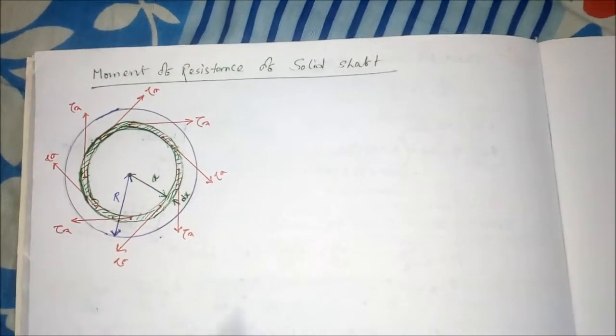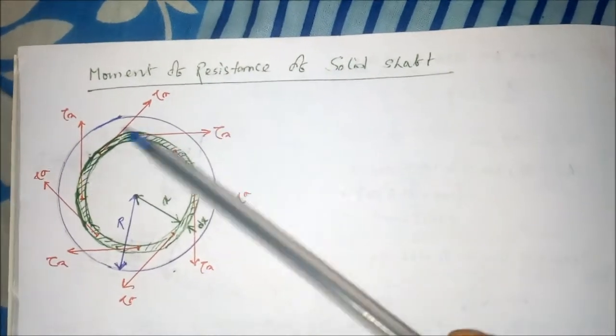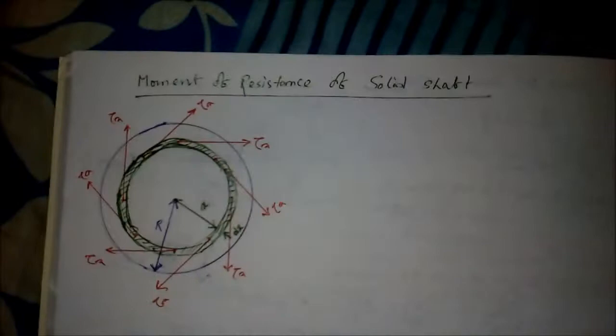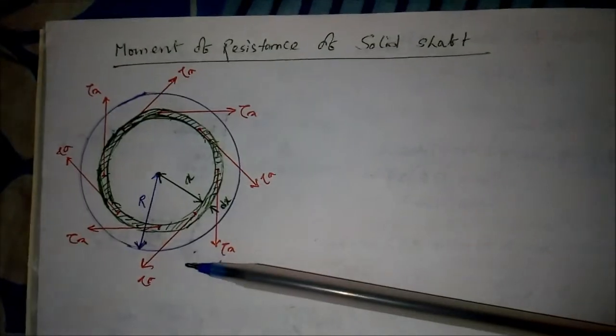Suppose we are taking a shaft whose radius is r. This is the cross section of the shaft, right? This radius is r.